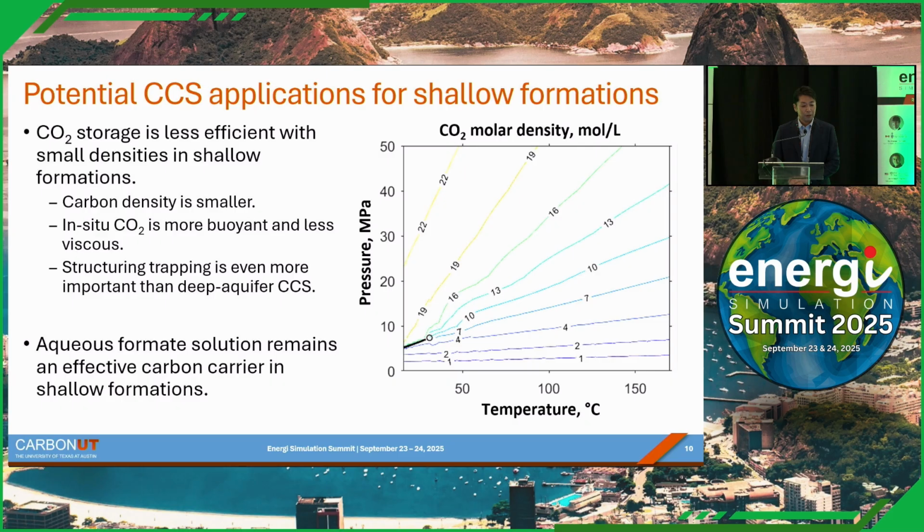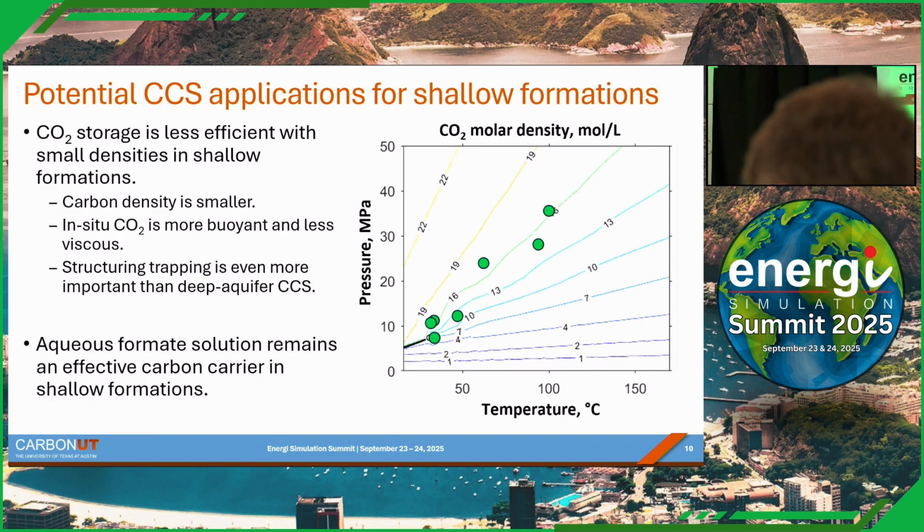And on the right, you see CO2 molar density, moles per liter, in pressure-temperature space. And I'm plotting subsurface temperature and pressure conditions for existing CCS projects. So you see those temperature and pressure conditions from CCS projects are situated above the extension line of CO2 vapor pressure, because this is where CO2 density is high.